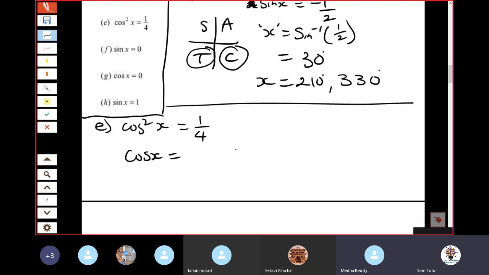equals, what do you think? Square root. Yes. Is it square root? Oh, okay. You've forgotten something. I tried to say be careful, but it looks like you still missed it.